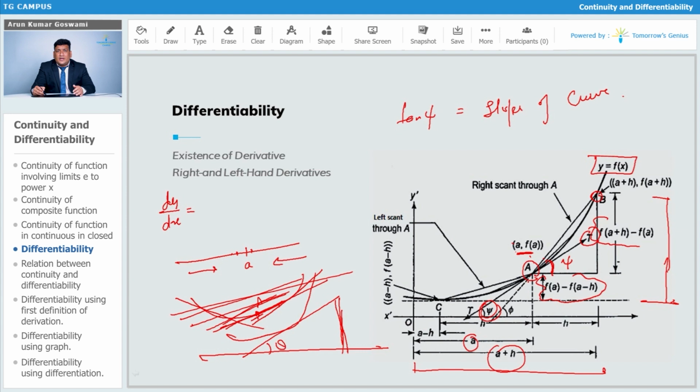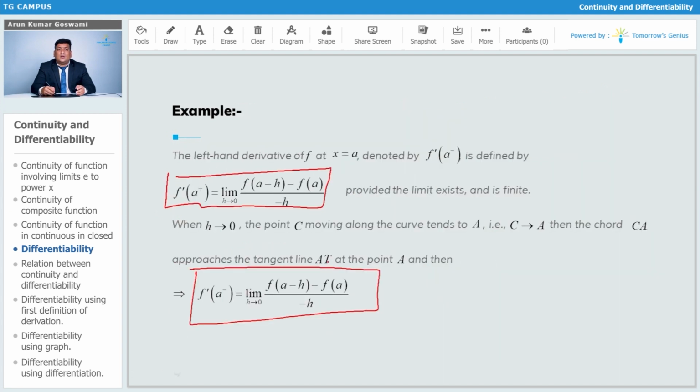We have a lower point a, and also we can find the left hand derivative there. This is the common point. The right of this side is the right hand side, the left is the left hand side, and like that we can find the derivative. If these two derivatives are equal, then we can say that the derivative of that particular function exists.